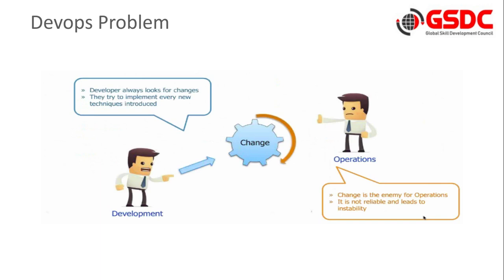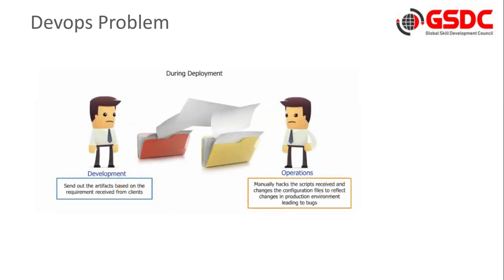Let's see what happens and what the consequences of this are. As discussed, development works on the requirements that we receive from the client. Then, once the product is ready, the operations team creates scripts, makes some automation, or with the help of manual effort deploys it in the environment. But there is a huge gap.